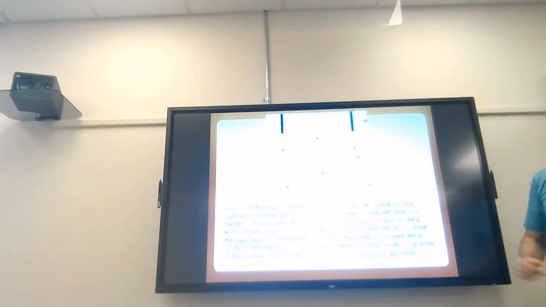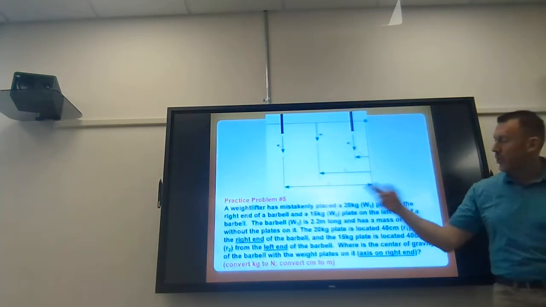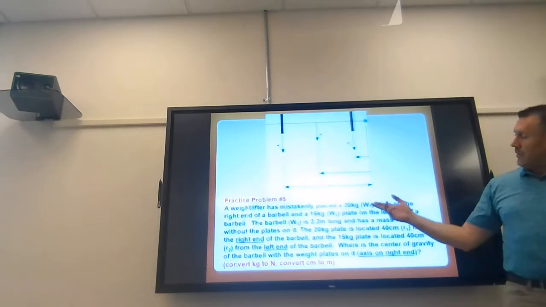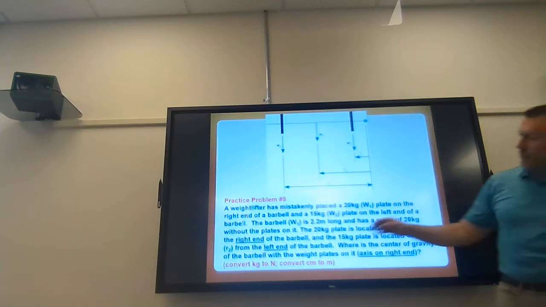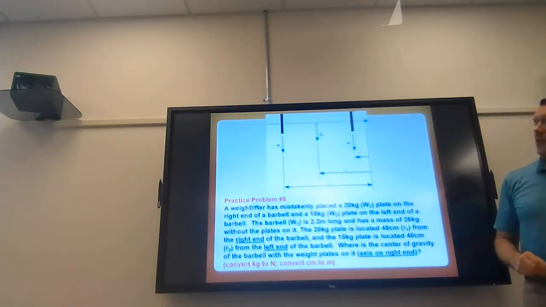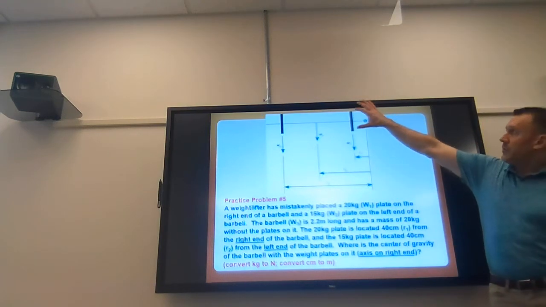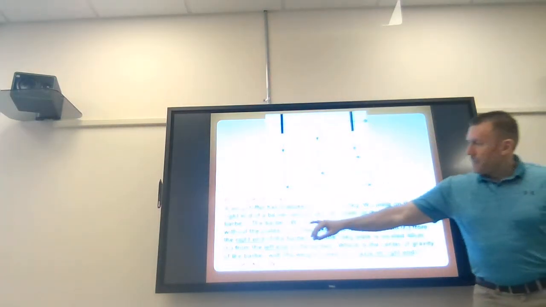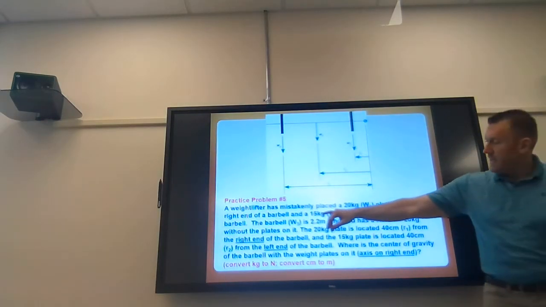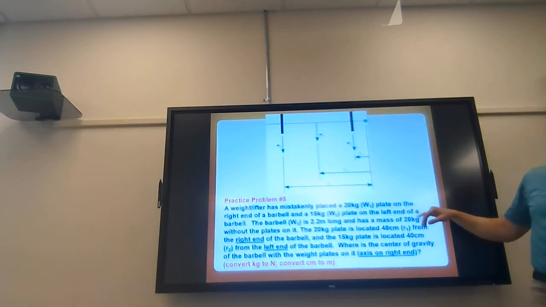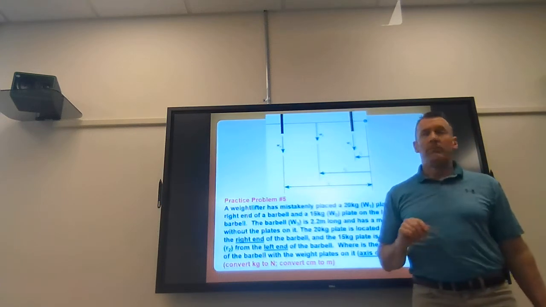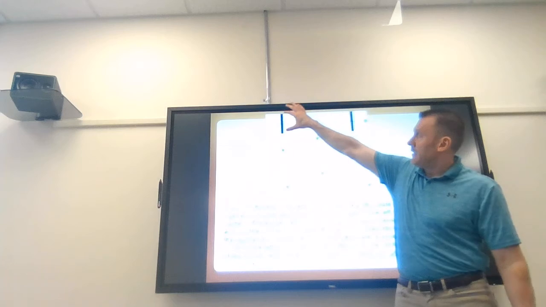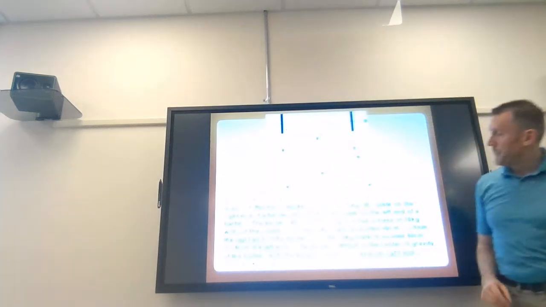Okay, so let's read the problem. A weightlifter has mistakenly placed a 20-kilogram plate on the right end of a barbell. So this would be a 20-kilogram plate, and a 15-kilogram plate on the left end of a barbell. So this would be your 15-kilogram plate over here.